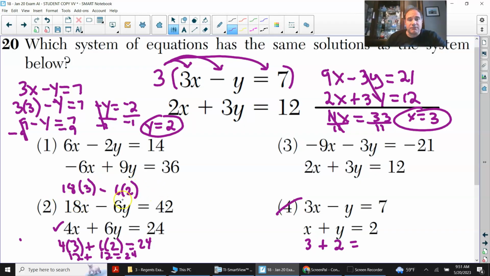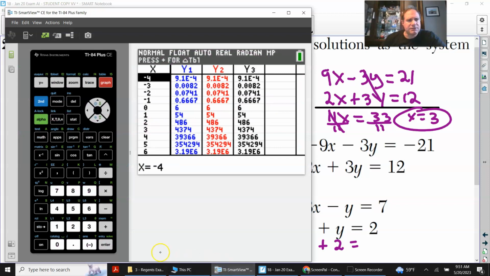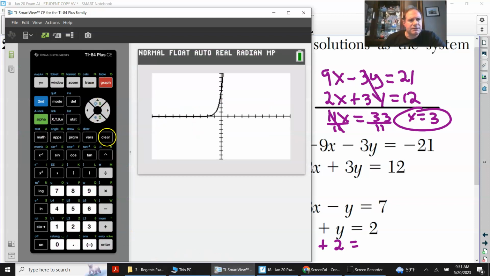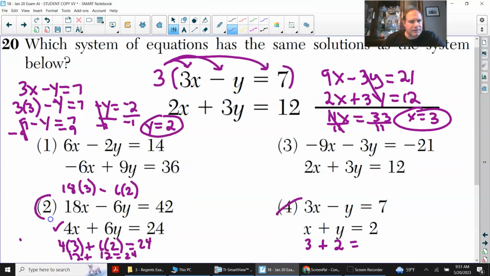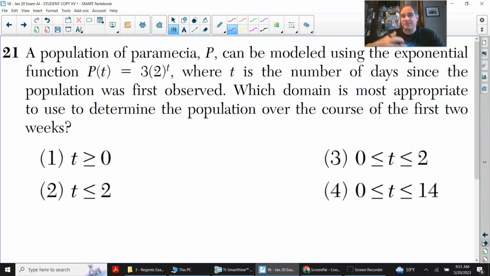Let's see, we just go ahead to the graph. 18 times 3 minus 6 times 2, just to make sure. And that is 42, and that is 42. This one is the answer. It's a little bit more work, but you got that one, right? Like, I mean, it is just solving for that system and then substituting it. So here's another one with the calculator.